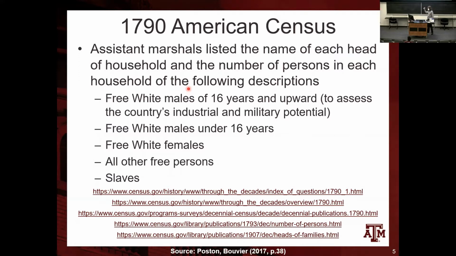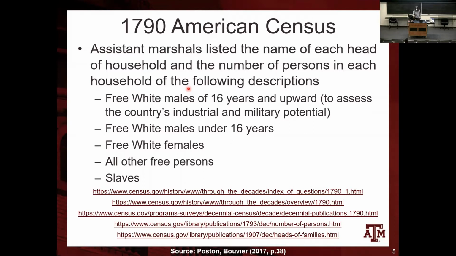Like I said, free white male of 16 years or higher to assess the country's industrial and military potential. Free white males under 16, free white females, all other free persons, and slaves. So for each one of the regions in the US, you had these 5 subgroups of people being counted.